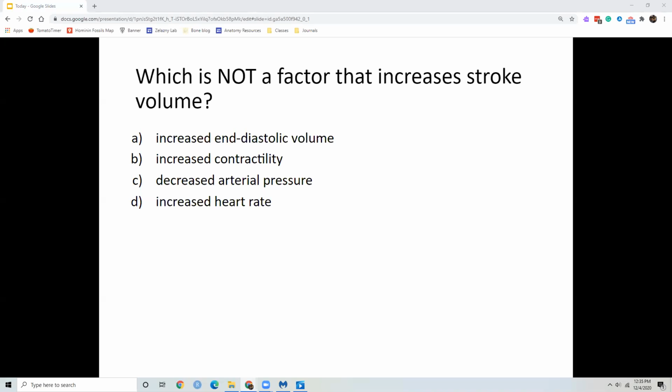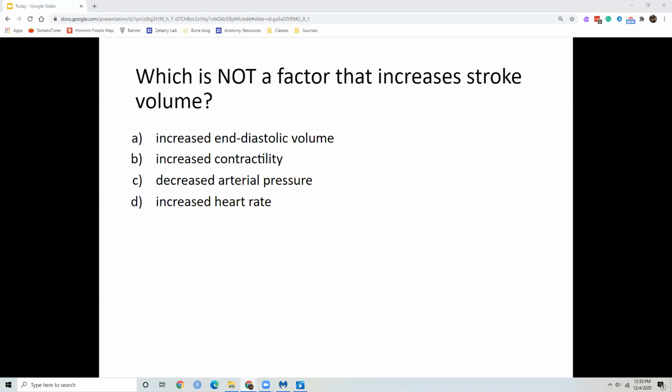Okay, I'm going to end polling just so we can go over the answer real quick before I close up for today. So the correct answer, what would not increase stroke volume, is D, the increased heart rate. The reason for that is stroke volume is telling us about the blood that's being expelled during a single heartbeat.